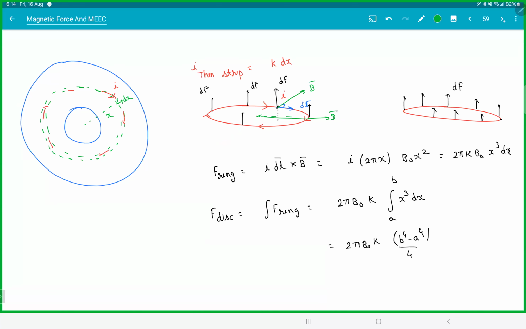Here B bar is like this. DL bar is like this. And the force is the black line. DL cross B, so DL is rotating towards B. You can see the thumb will point upward. So this ring will have a force in the upward direction. Clear with this?